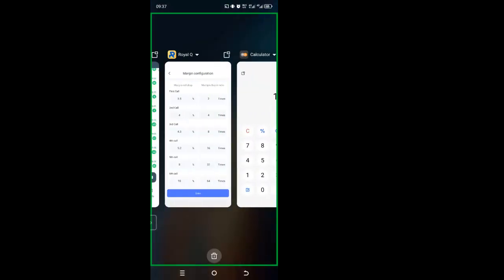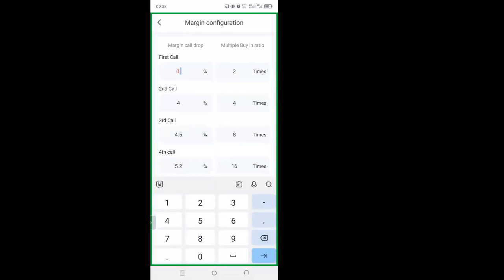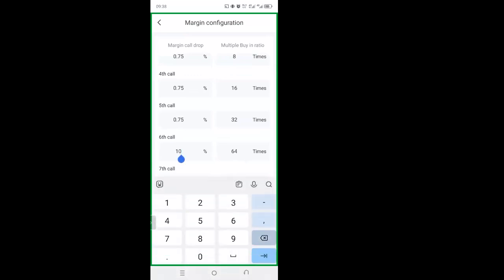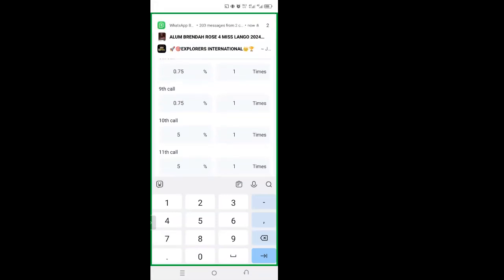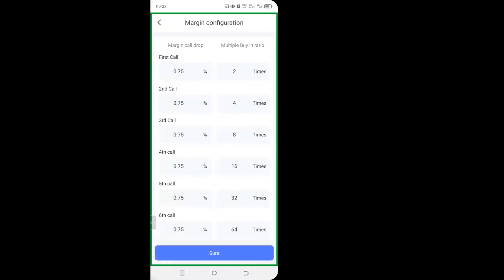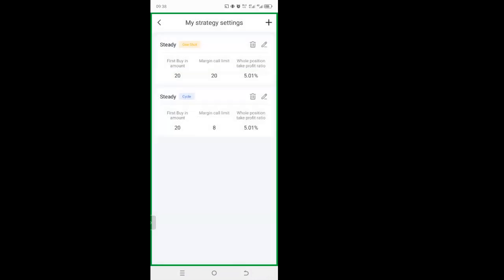Come to your trade and put here 0.75. Put 0.75 in each of the margin calls, up to the infinity, all right?